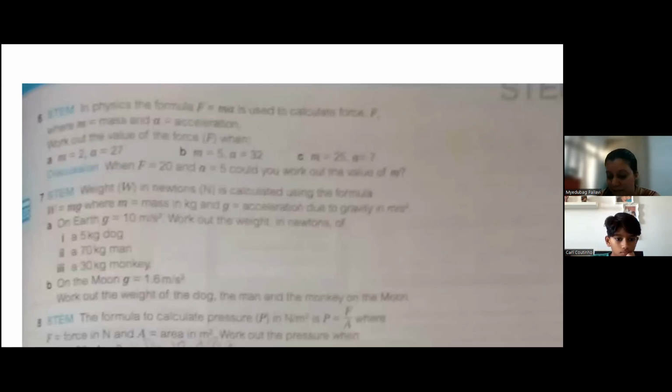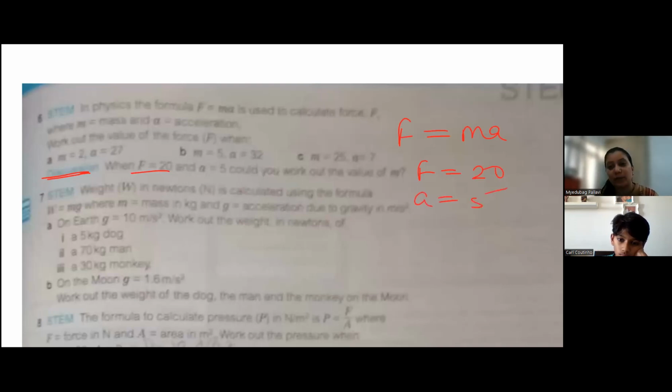Some particular formulas are given to us. We just have to put the values of the variables that are involved in that formula. Also, next, in this they have given when F is equal to 20, like we know this formula F is equal to ma. They are saying when F is equal to 20 and a is equal to 5, could you work out the value of m?